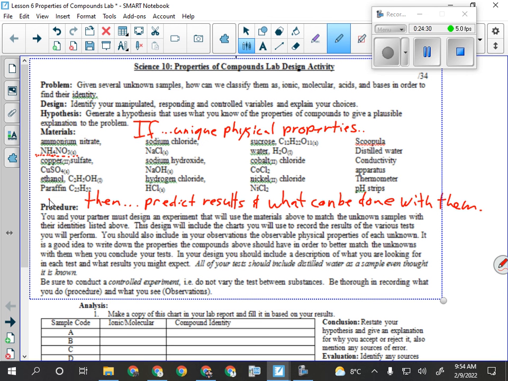That process is endothermic, which means it takes energy, so it gets cold. So ammonium nitrate, when it dissolves in water, gets colder. It's an important thing you need to know when you're trying to identify it. One of your solubility tests should get colder.